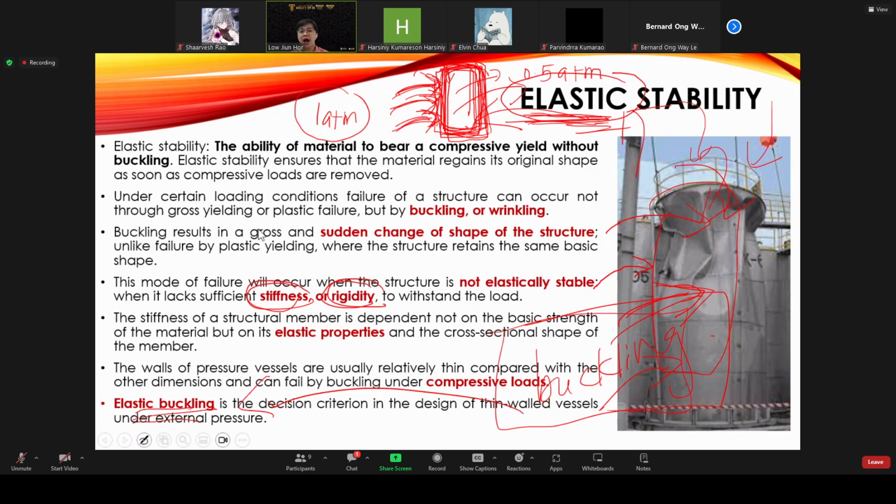So that means the shape of the outer surface of the pressure vessel will deform or change. So that's why buckling is also known as elastic buckling.